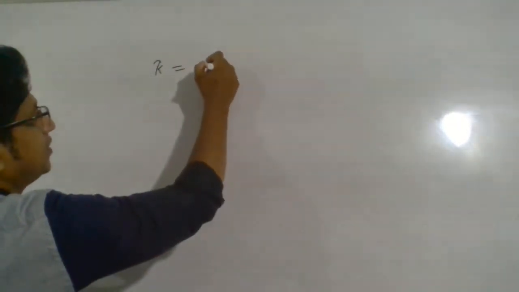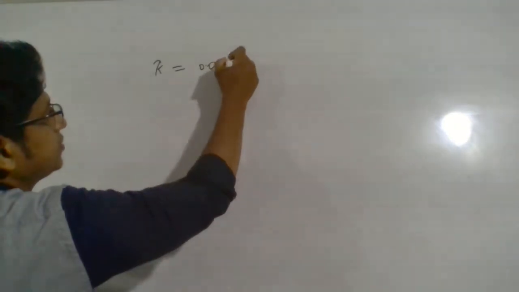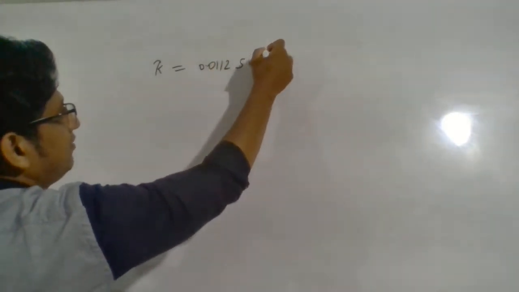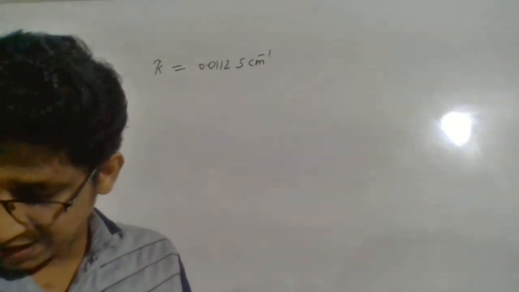Specific conductance is nothing but kappa, conductivity. Sometimes they express it by another name. Conductivity is given as 0.0112 Siemens centimeter inverse.